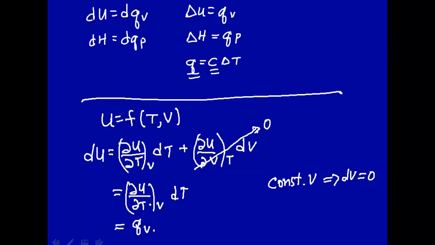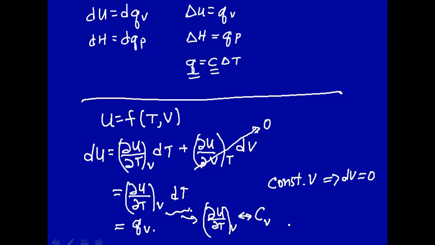So it looks like if we define this as heat capacity times dT, all right, so let's bring these two things out here. If how U changes with temperature at constant volume, if we identify that with a heat capacity, and we'll put a V there to indicate constant volume, then it looks like the heat capacity times dT will give you QV, just like we defined in introductory chemistry and in Lecture 2.